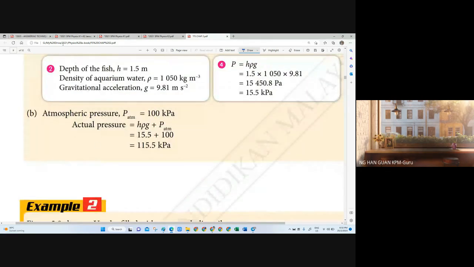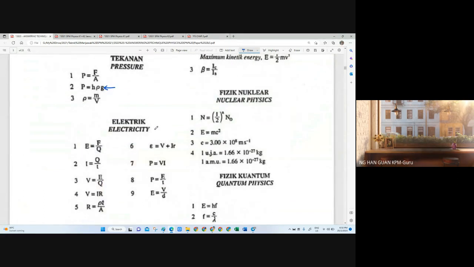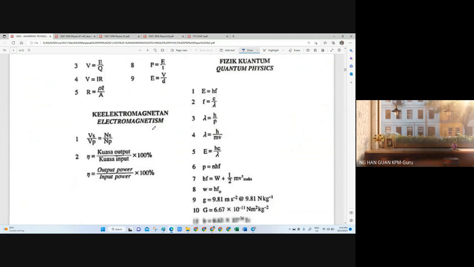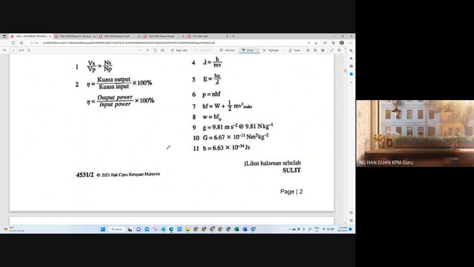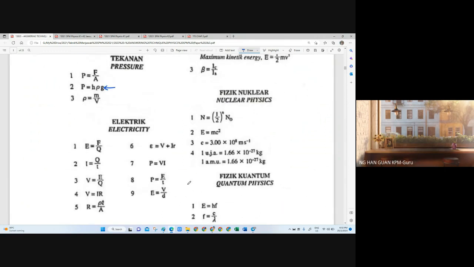But as I mentioned, when the question gives the atmospheric pressure, it means you have to include it. Look at the constant values here: they don't provide the atmospheric pressure. Atmospheric pressure is only provided when the question needs you to use it.